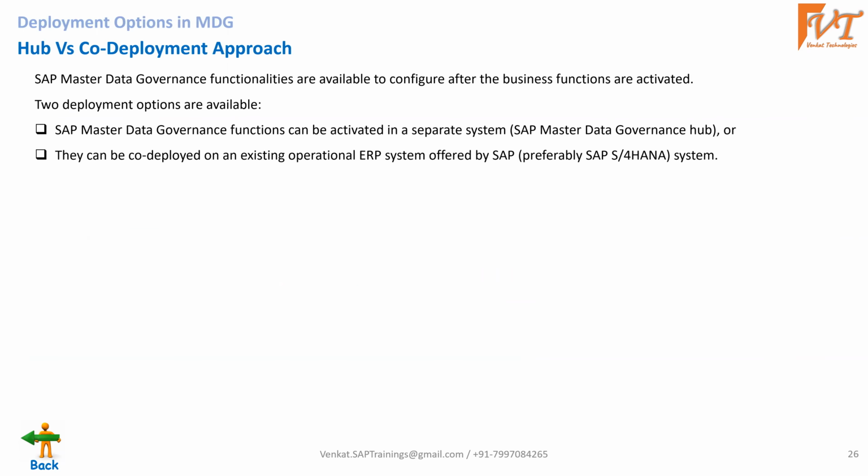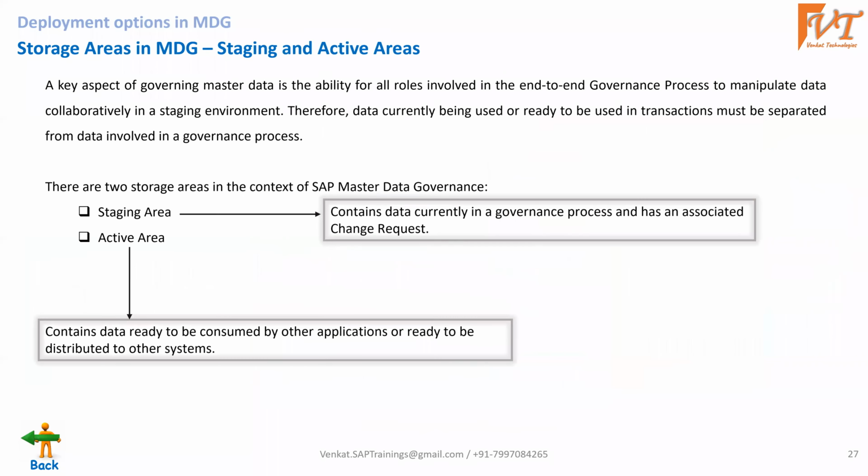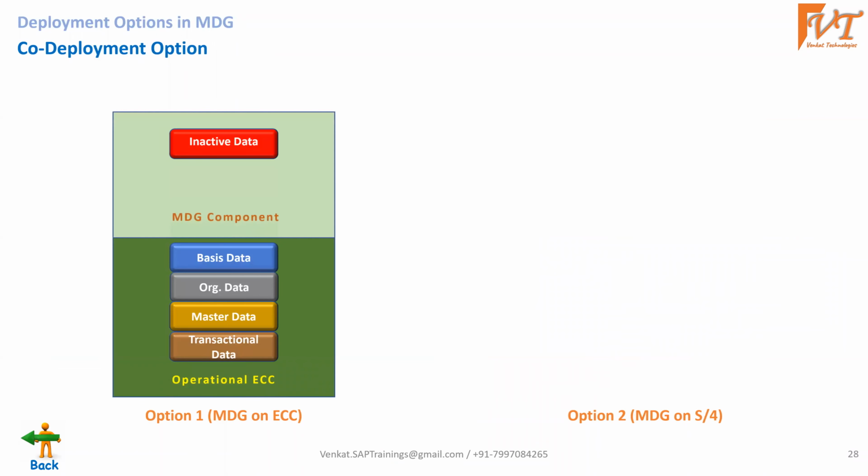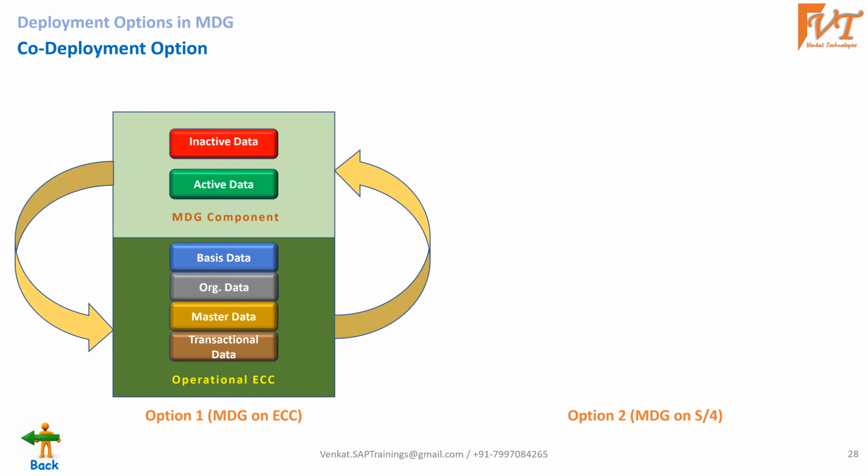In the co-deployment option, we don't need to replicate anything, because we are building the MDG on the transactional system itself. So there is no need for that. The transactional system itself has the master data available internally, so it can be directly shared by the business users.